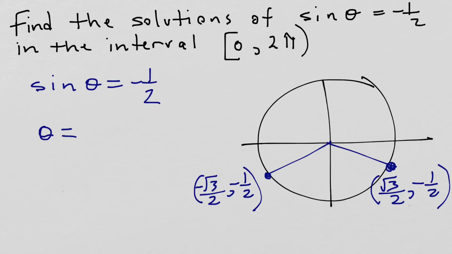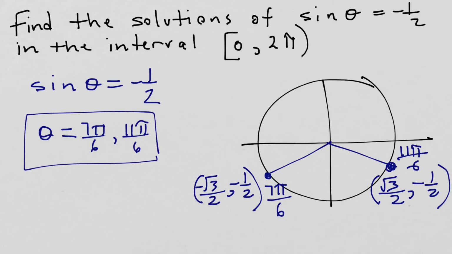So this angle here would be 7 pi over 6, and this angle here would be 11 pi over 6. So I'm going to list these two solutions. 7 pi over 6 and 11 pi over 6 are the two angles between 0 and 2 pi that have the sine equal to -1/2. I meant to say the sine, not the cosine.